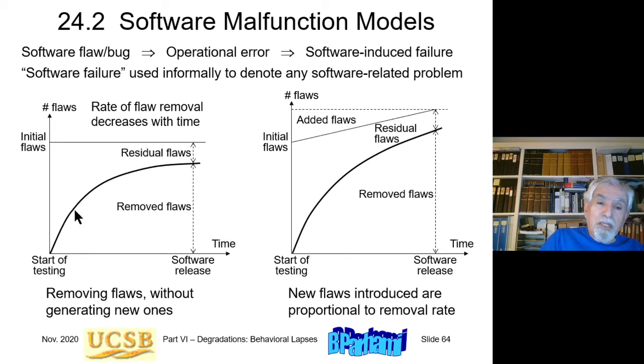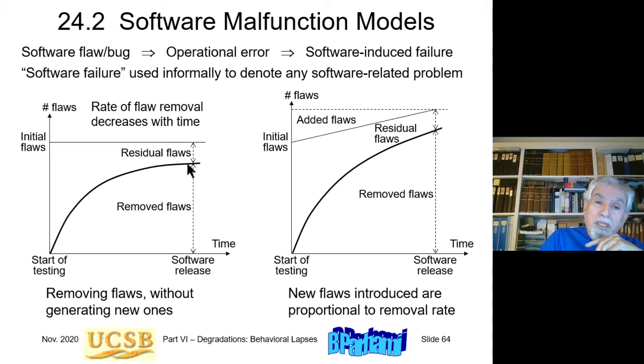We run the software, and many of those flaws are caught because we notice that it doesn't produce correct results. We go in and check what happened, find out, here's a flaw, and fix it. Then as we remove more and more flaws, it becomes more and more difficult to remove additional flaws. So the rate of flaw removal decreases over time until it becomes very low.